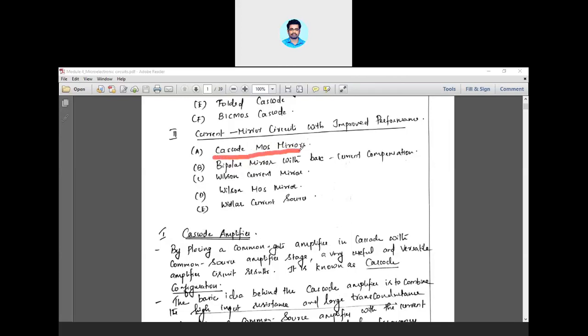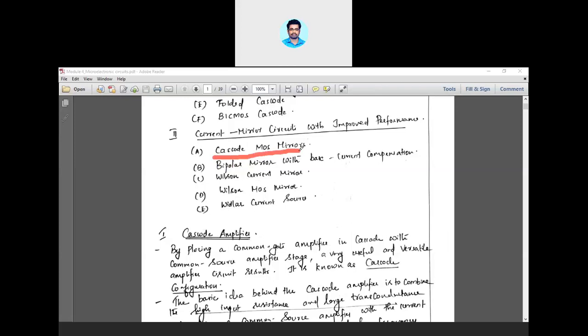You know what is mirror? Mirror is nothing but a circuit, an active loaded circuit which is used to steer a required amount of current from one location of an IC to another point of an IC. Okay. You know that in an integrated circuit, you are going to have different microelectronic circuits fabricated on one silicon wafer. So each of these discrete components will be using different currents. Maybe one part of the IC will be using 10 milliamps, the other part of the IC will be using 5 milliamps.